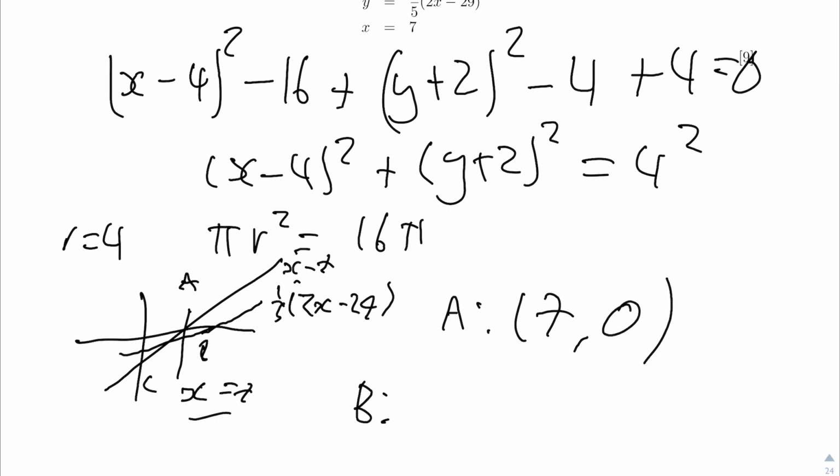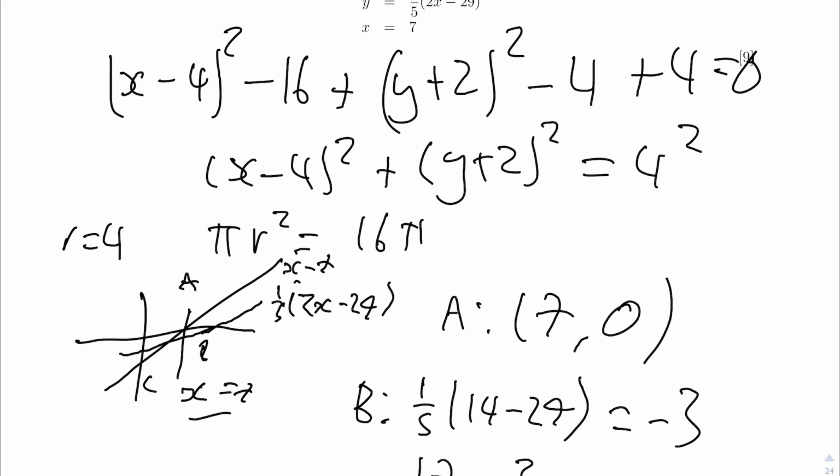So then point B, with the intersection between these two, y equals a fifth of 2x minus 29 and x equals 7. So we have a fifth of 14 minus 29. So 14 minus 29 equals minus 15, divided by 5. This equals minus 3, so that's y.